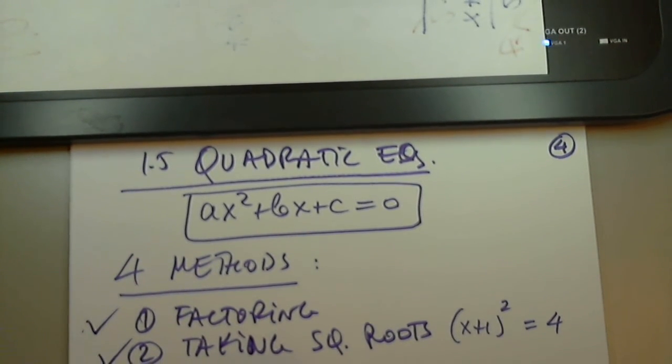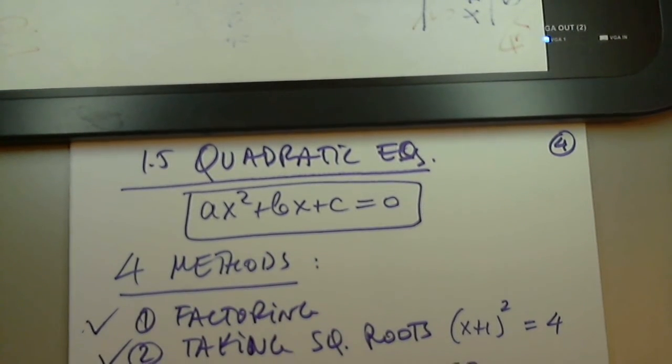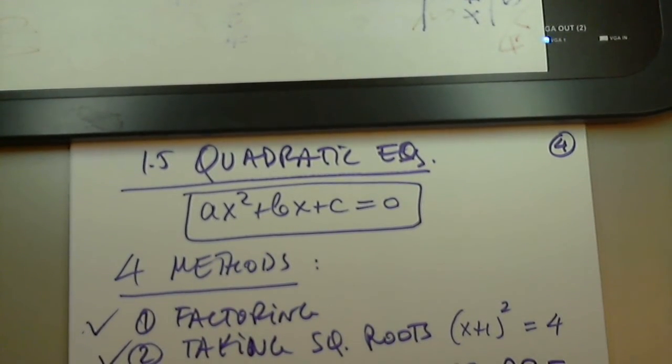Completing the square. Completing the square is not useful here, but it's a method that is applicable. However, it alone cannot solve a quadratic equation. See, complete the square means change that expression into something like this and have a number on the other side.